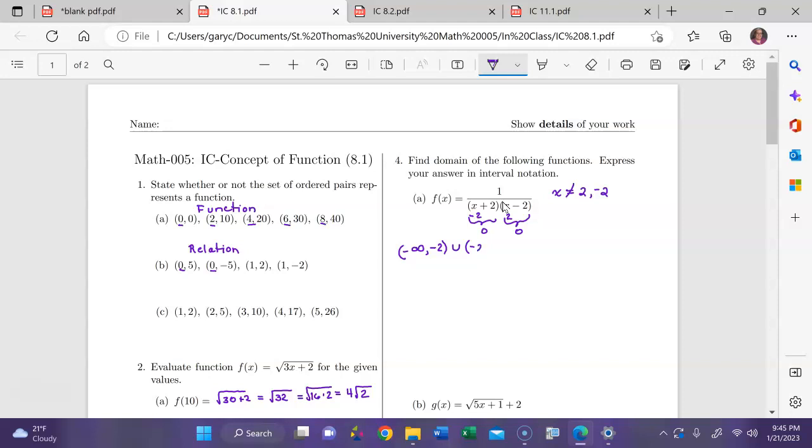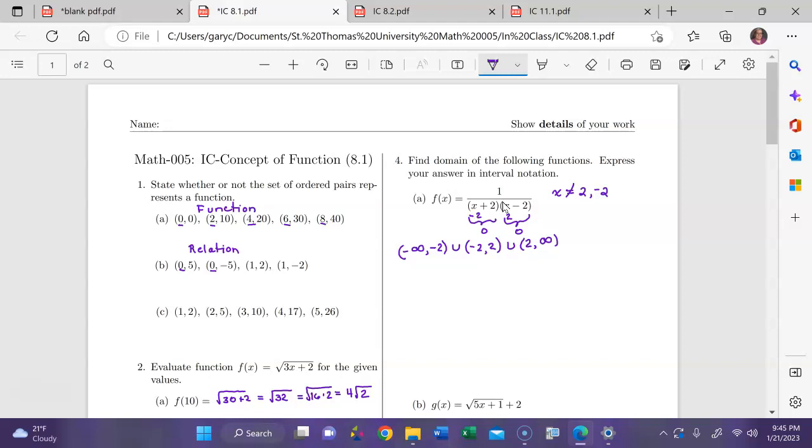Then -2 to +2, again using a paren, not a square bracket, and then one more: 2 to +infinity. And that is my solution. It's basically all real numbers with the exception of -2 and 2.